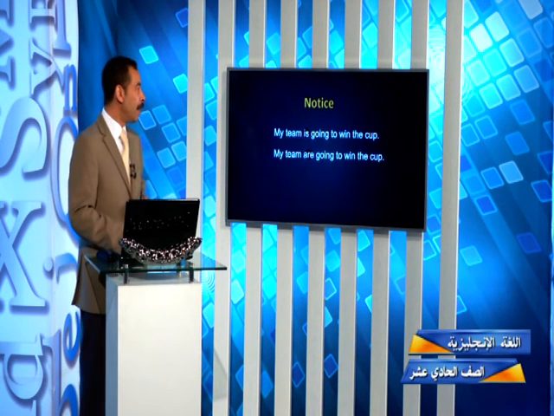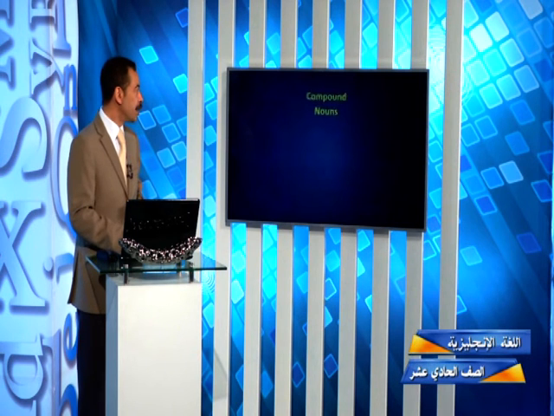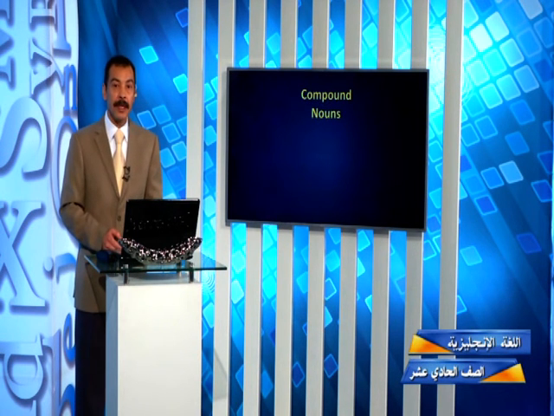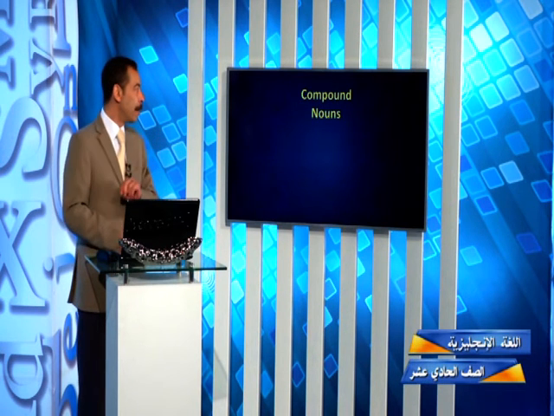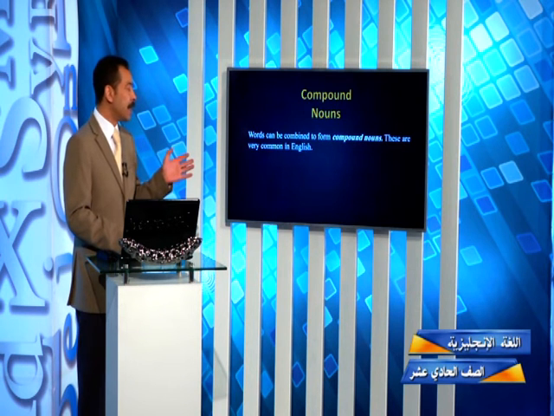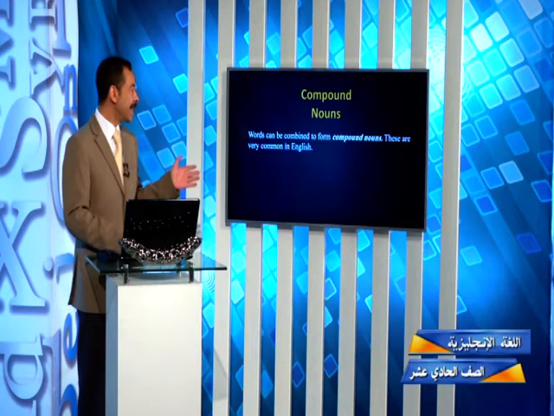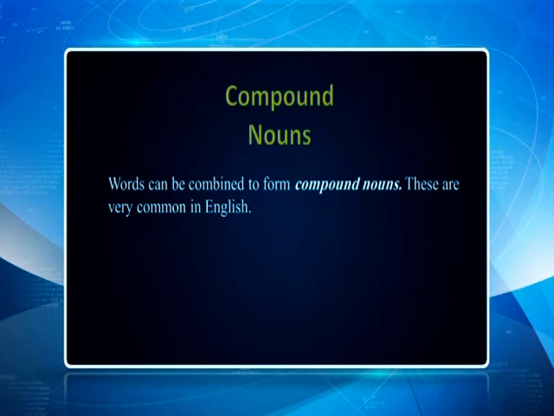Okay. Now let's move to the next part of our lesson, which is compound nouns. Compound nouns means two nouns which form one part of speech. Here we have a description of compound nouns. They are words that can be combined to form a compound noun.